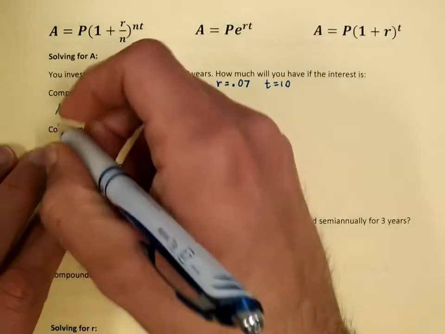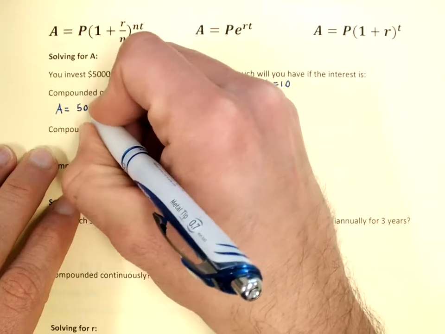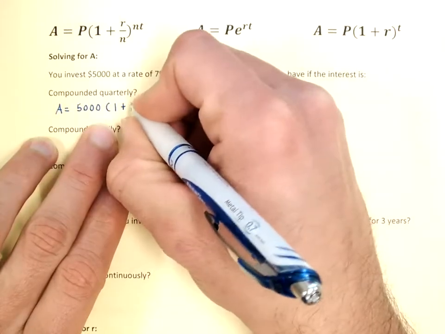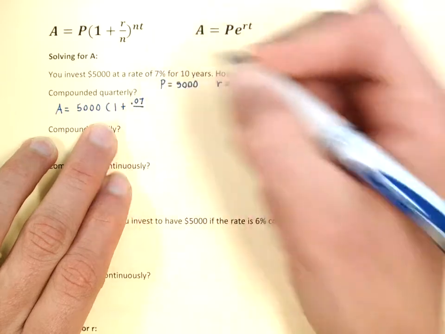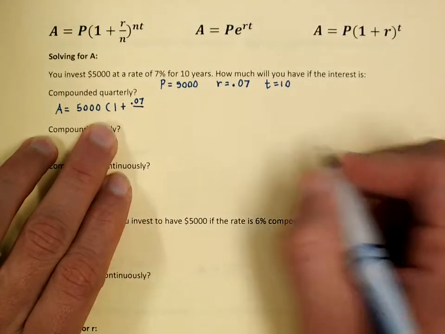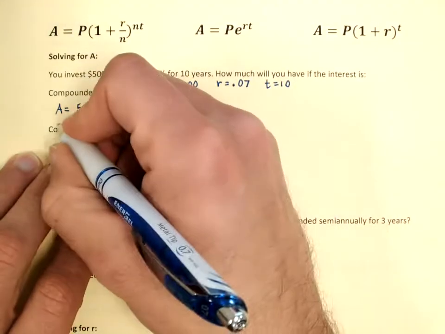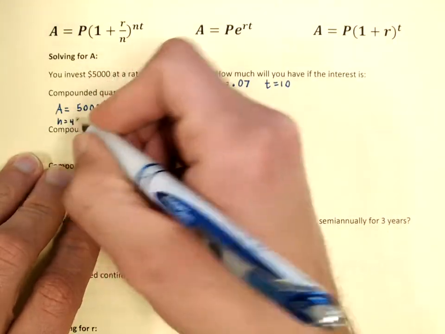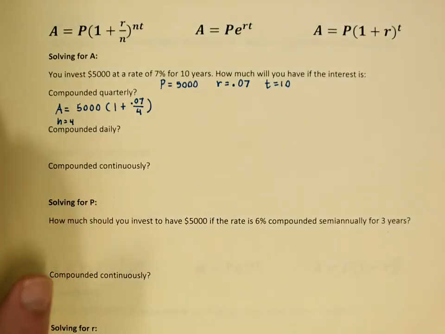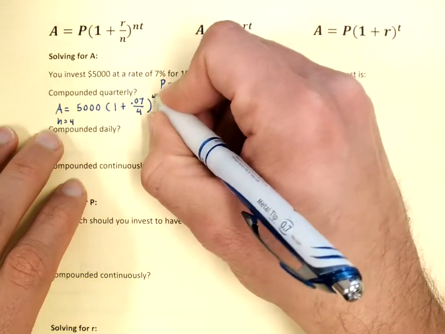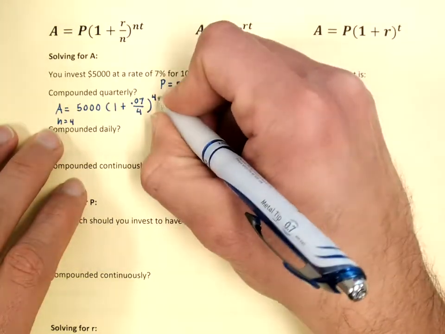So you would have 5,000 times 1 plus 0.07 over quarterly, so that's going to be 4. Remember, N in this case is 4, which is how many times per year the interest is compounded. All of this to the power of 4 times 10.